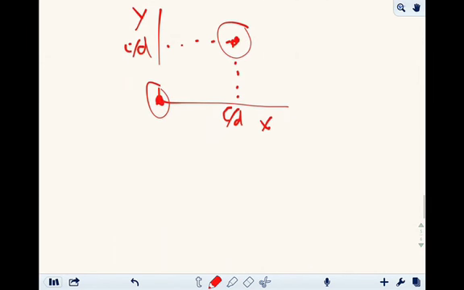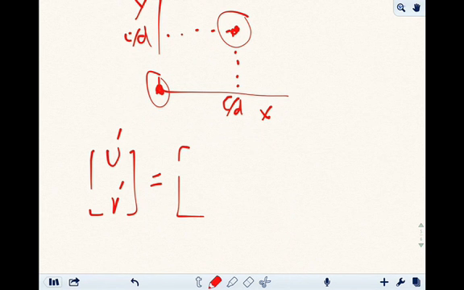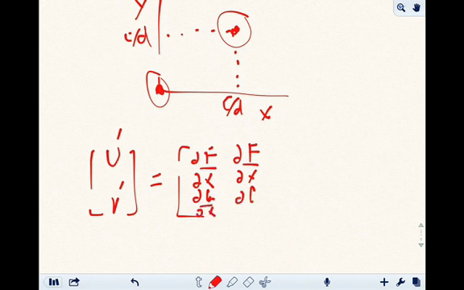Well, we can do that by linearizing this system of equations. And we found the equivalent linear system could be written in this form, where we have u prime, v prime equals the Jacobian, partial f partial x, partial f partial y, partial g partial x, partial g partial y, times u and v.